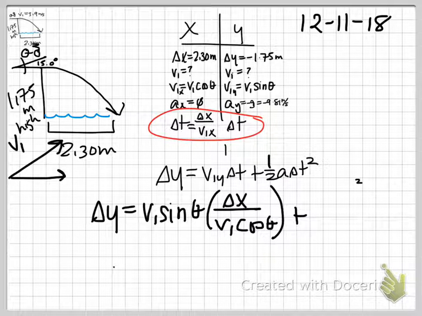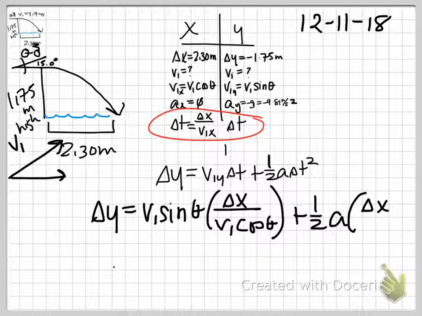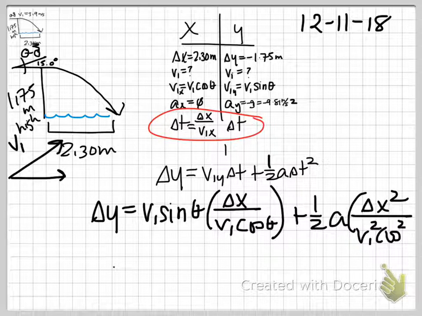And I know that that's going to be plus 1/2 a delta x squared over VI squared cosine squared theta.